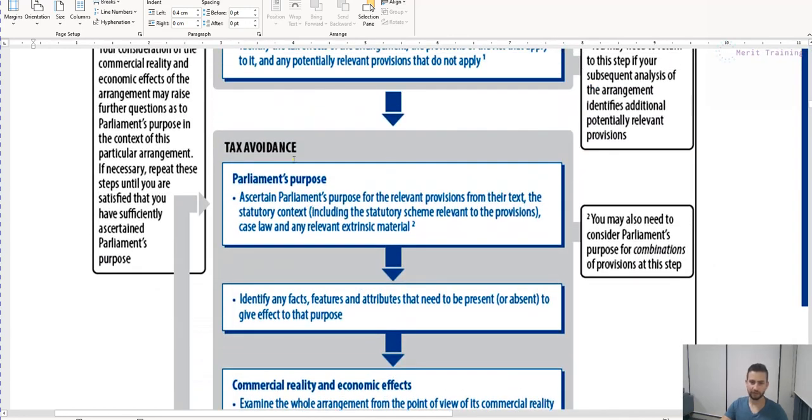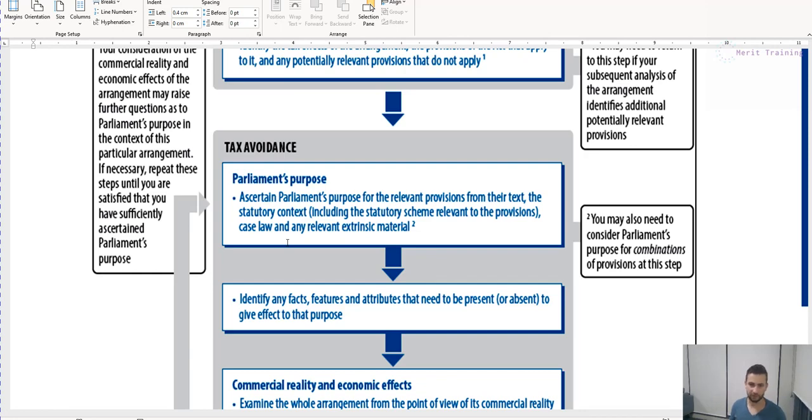Next is the tax avoidance phase. This is the Parliament's purpose step. You need to look at the Parliament's purpose for each of the relevant provisions from the text. Don't just look at the letter of the law, but what is the true purpose of this specific act? The act might be, in this case, shifting profits overseas, and the method that they've gone about it.